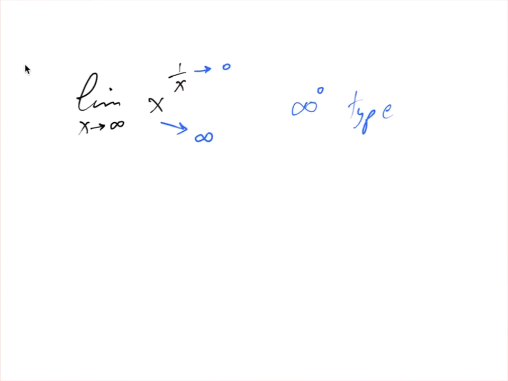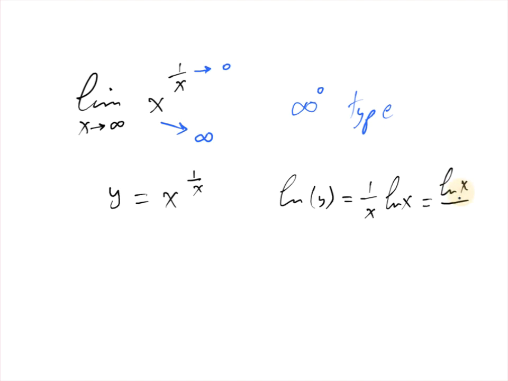That's this. And for this, again, we use the trick by setting this equal to y and then taking ln of both sides. So ln of y is 1 over x ln of x, or just ln of x over x.